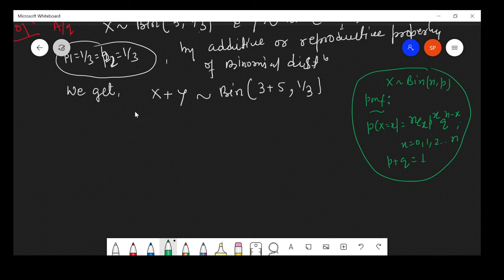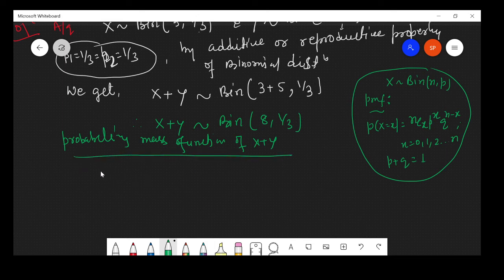Now in this case, X plus Y follows the binomial distribution with parameters 8 comma 1 by 3. Now the probability mass function of X plus Y is what? Here we write the probability mass function. We can take X plus Y is equal to r.